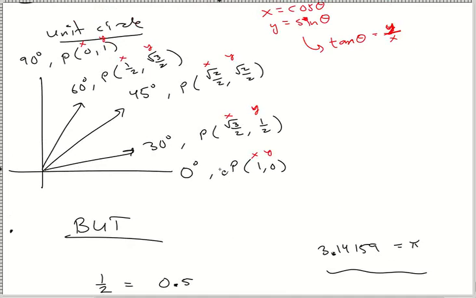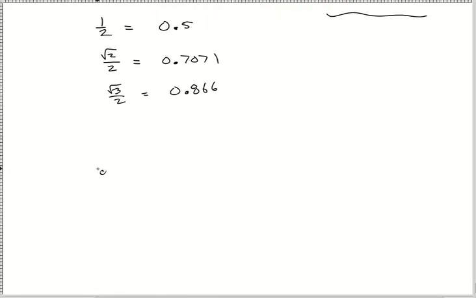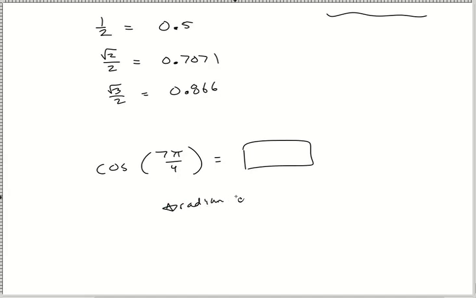So let's go back to one of the questions we just did a second ago. Hold on, let me go find it. It's a great question. The last one said, find cosine of 7 pi over 4. I'm going to type that into my calculator. Make sure you're in radian mode. Type that in your calculator.